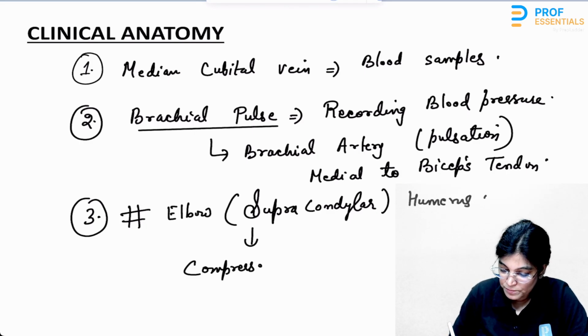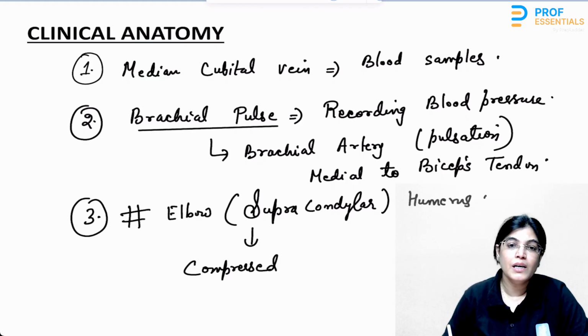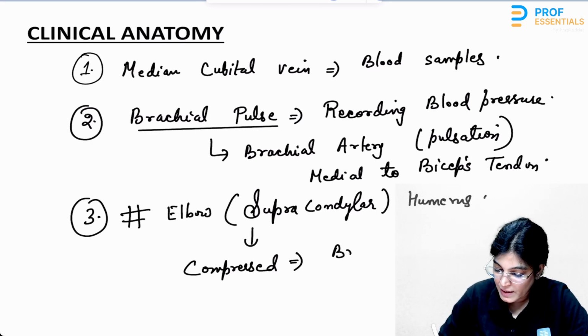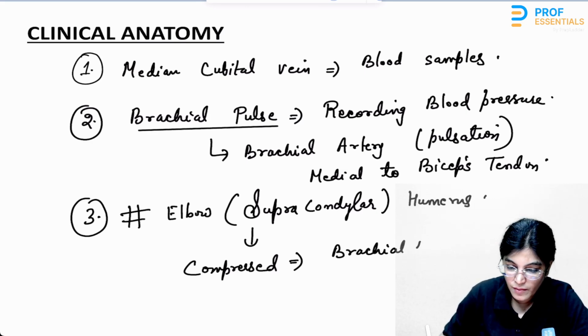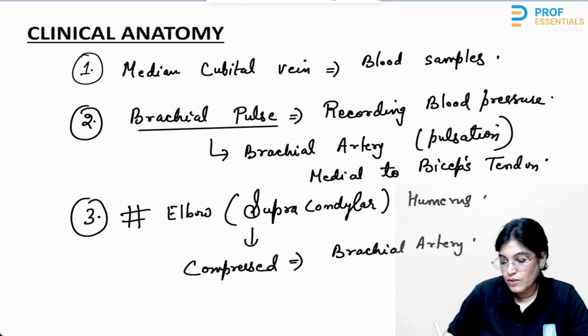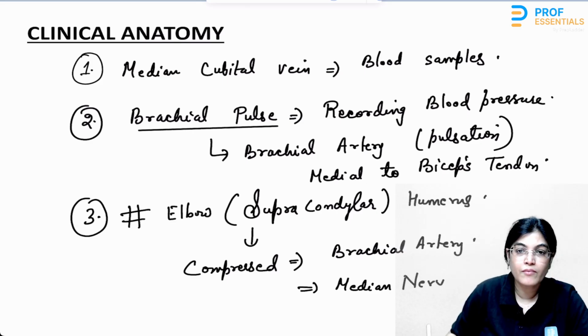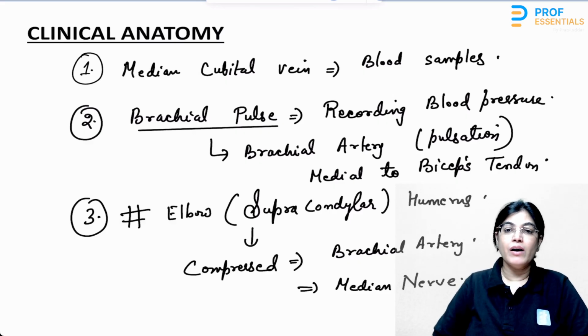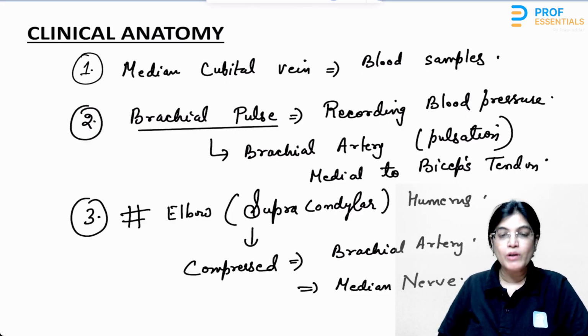Mainly, the vulnerable structures to get compromised are the brachial artery and also the median nerve, because these are located medially in the cubital fossa. So these are important clinical anatomy related to the topic.